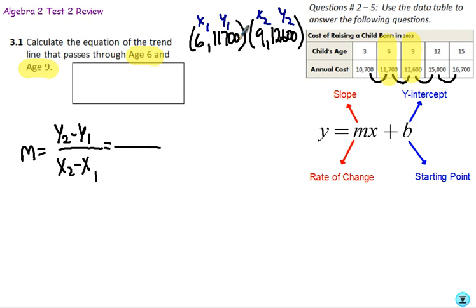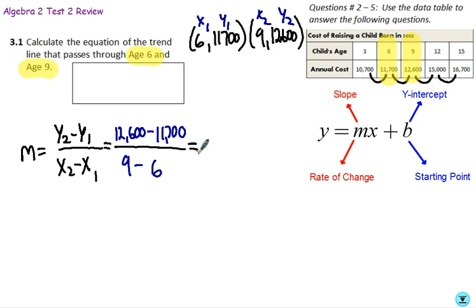So the Y2, 12,600, minus, when he or she was younger, 11,700. And then what we want to do is say, okay, over what period of time was that? Well, we're starting when the kid was 9, and from when they were 6. So we're comparing the difference between those 2 things.